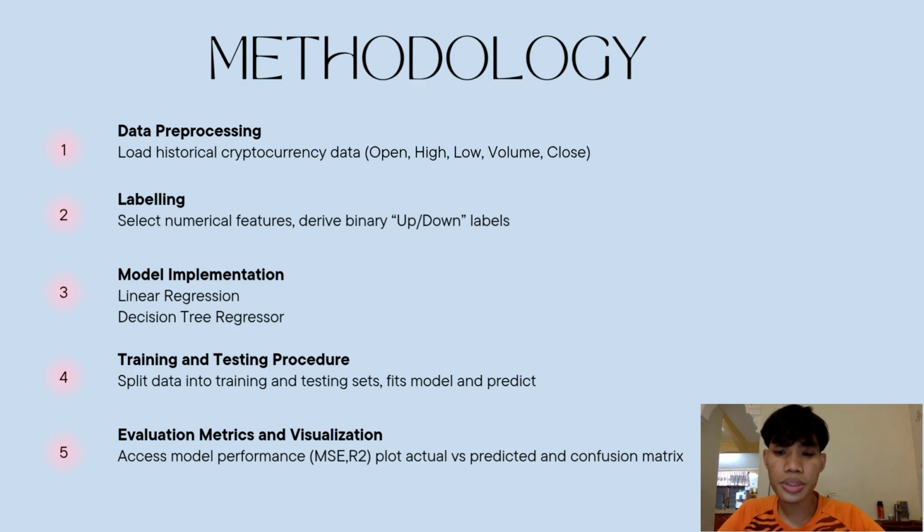We use two evaluation metrics, MSE for the error and R2. A lower MSE error is better, and an R2 closer to one is better. Then we plot actual versus predicted, and the confusion matrix to compare which is better.